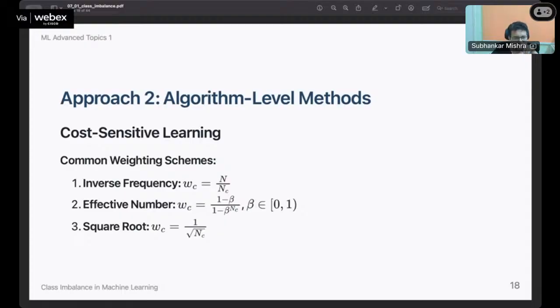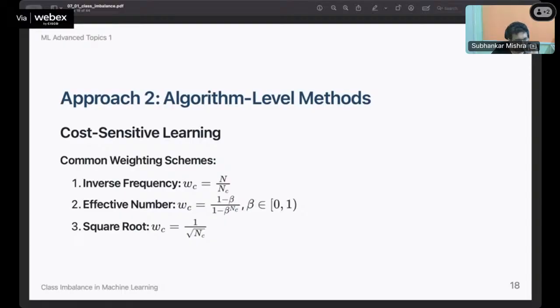Otherwise, we can have an effective number, which is based on diminishing returns: if you have 100 samples, the 100th sample will provide less information than the first sample. Here beta is technically kept around 0.99 or 0.9999. It is more sophisticated, but theoretically backed, meaning it will give results that are bounded.